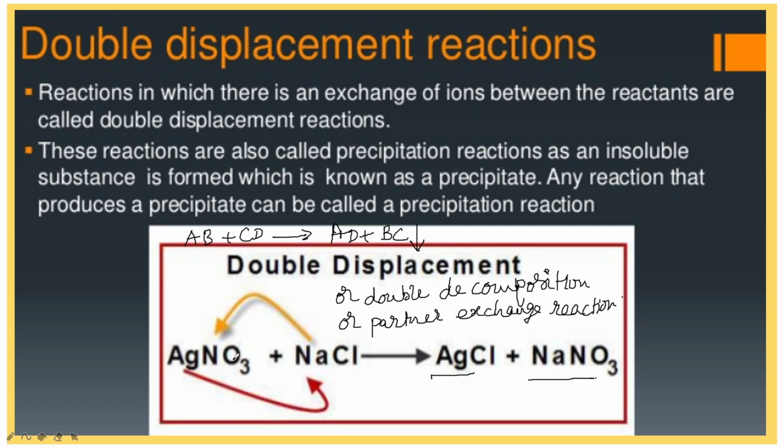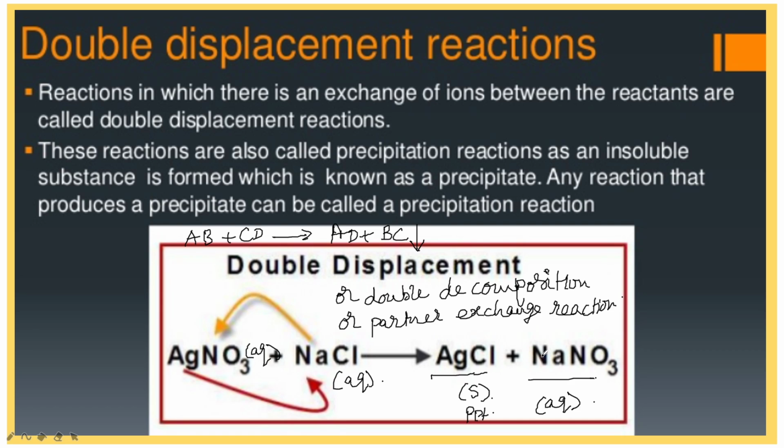When an aqueous solution of silver nitrate is treated with an aqueous solution of sodium chloride, solid AgCl, a precipitate, is formed. Sodium nitrate is formed as an aqueous solution. The reactants are both aqueous, but the product that is formed is a solid precipitate, along with aqueous sodium nitrate. It is called a double decomposition reaction, or double displacement.